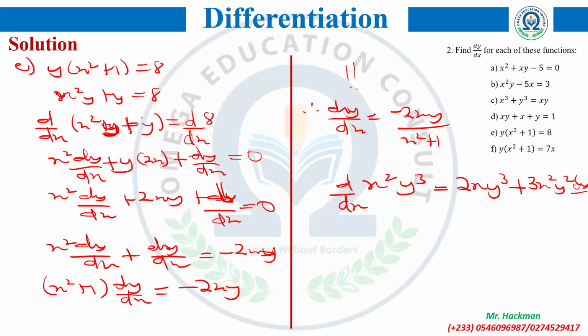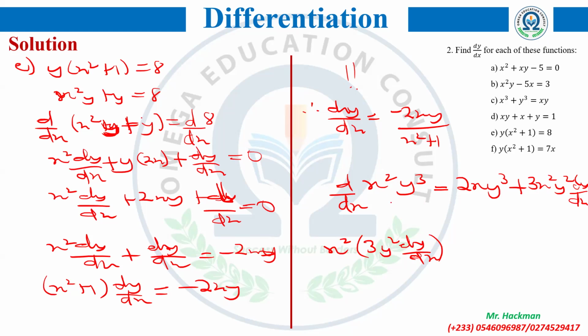Very good. And this is coming from the fact that you treat this as a product. So you hold your x squared, then find the differential of this, which will give you 3y squared dy/dx. Do you agree that the differential of this will give us that?